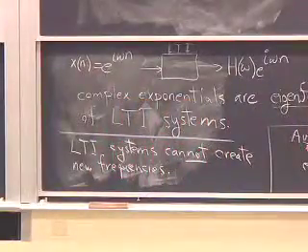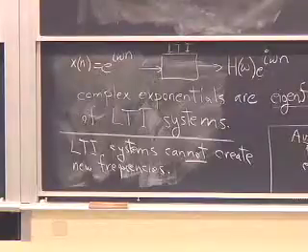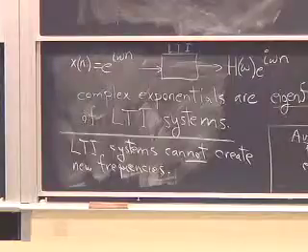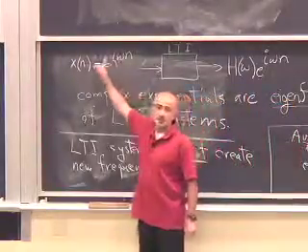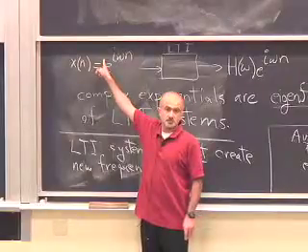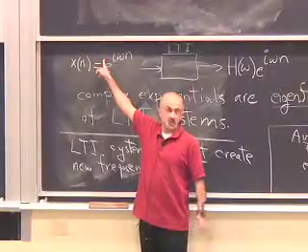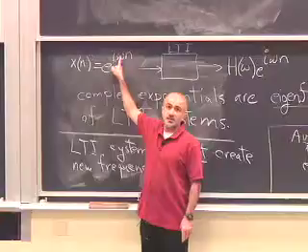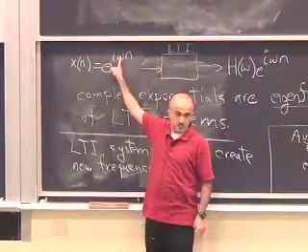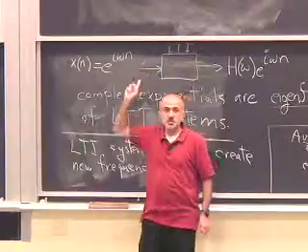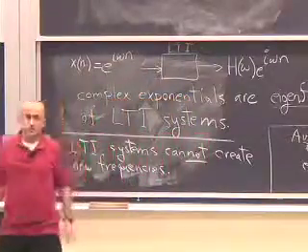A system that squares the input can create a new frequency. What happens when I send an e to the I omega n into a square? 2 omega n. So the frequency omega at the input has now been converted to 2 omega in the output. But LTI systems cannot create new frequencies.